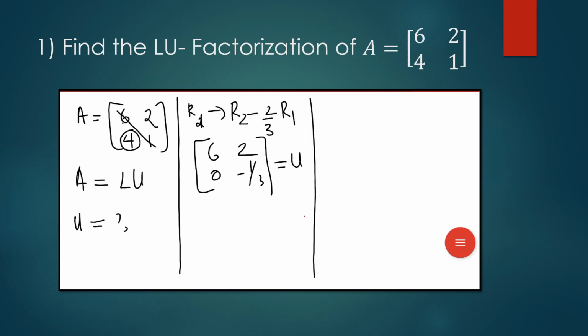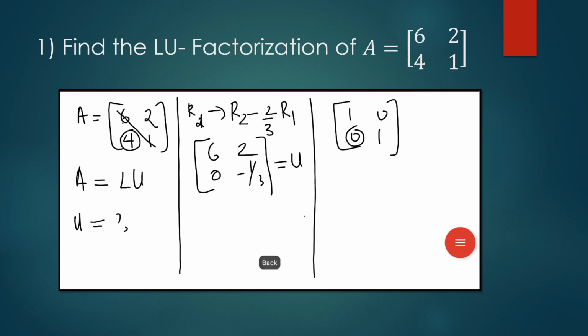Now we have to form L. The given matrix is a 2 by 2 matrix. So first we will consider the identity matrix [1 0; 0 1]. We have to make this into a lower triangular matrix. Lower triangular matrix means all the elements above the diagonal will be 0. So above it is okay, but below we have to convert that 0 to some number.